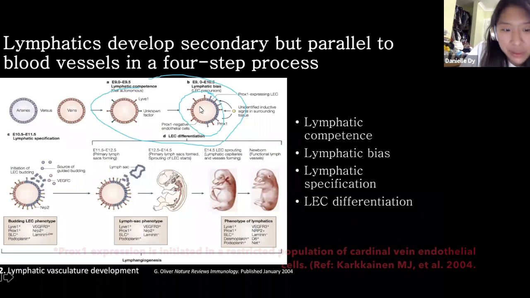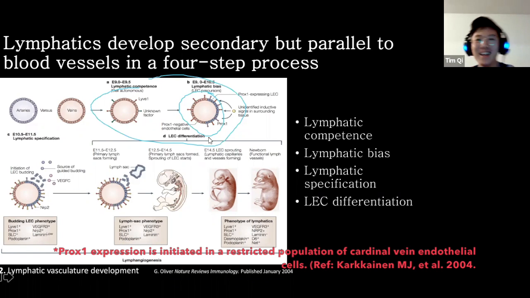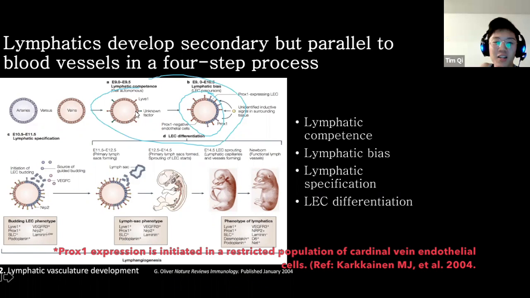That's a great question. I'm not entirely sure about the arteries and veins here in terms of the color. I should check on that. I should have considered that.